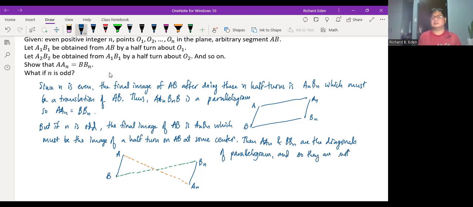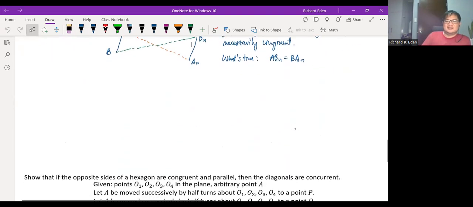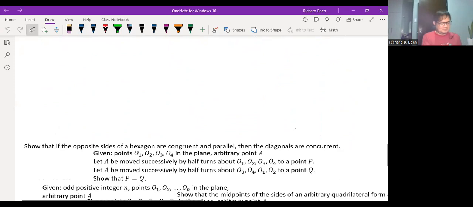But what we do know is true, although this is not what the problem is asking for, is that A B sub n is the same as B A sub n. So those two are the same, but not A sub n and B sub n. All right?